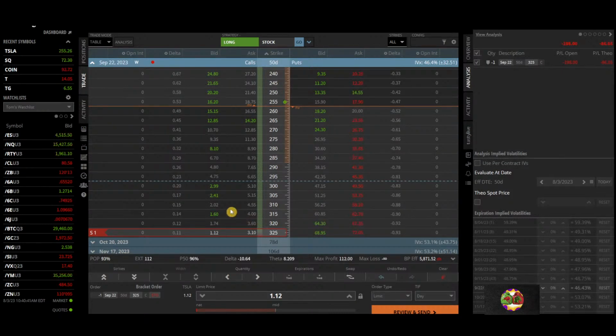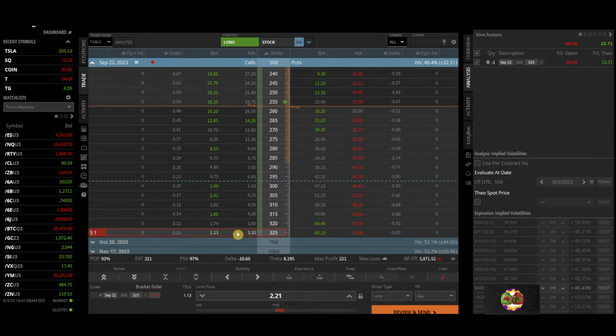What's the midpoint on this one? There we go. Midpoint, 2.10. I would go up higher and just see if I could get filled, like to 2.50.